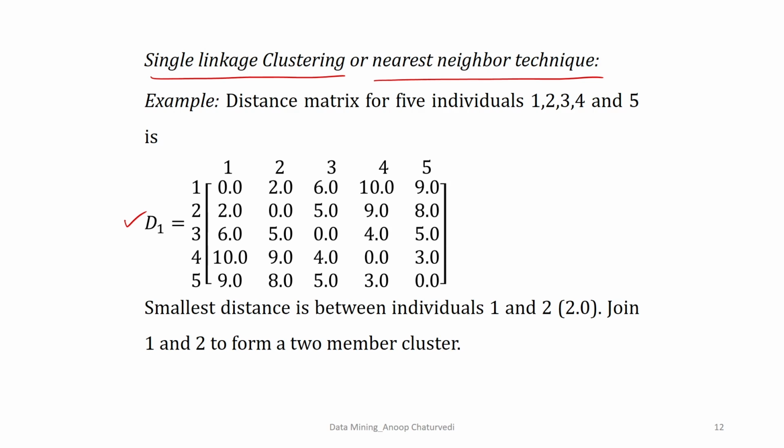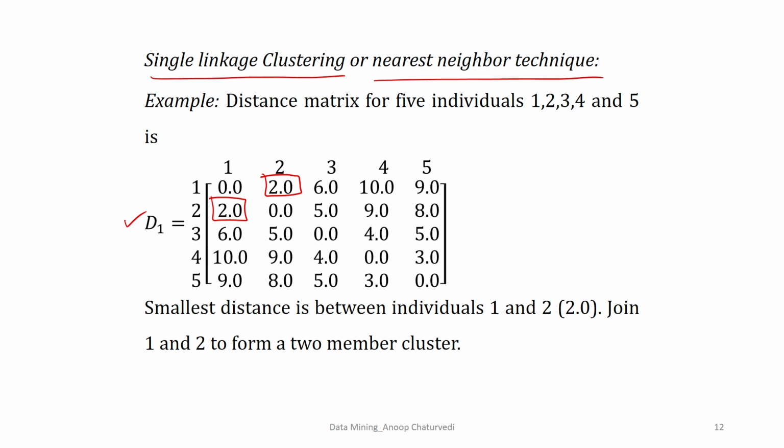Then we identify the smallest distance between two individuals, and we observe that the smallest distance is 2.0, which is the distance between individuals 1 and 2.